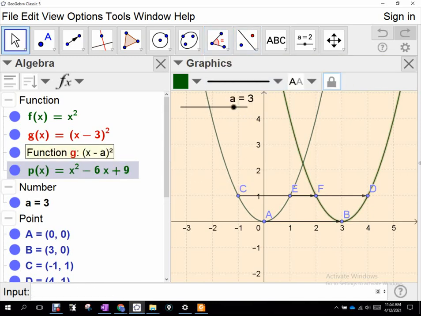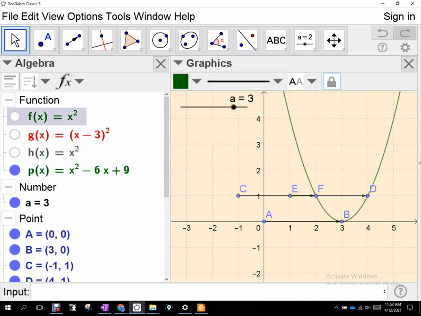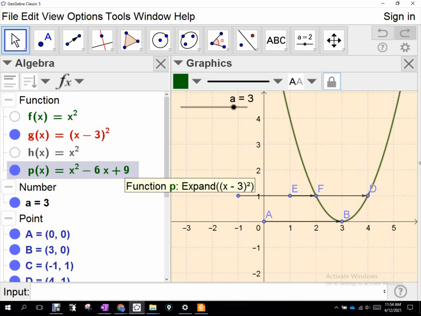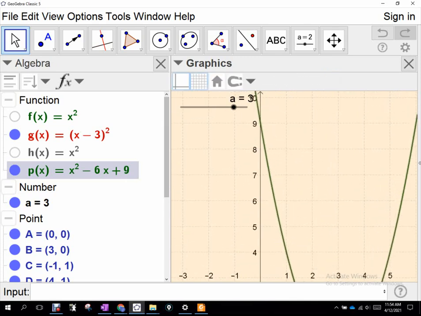Look, so that graph right there and this green one, they're the same thing, right? And what we learn about, if we understand translations well enough, and you'll spend quite a bit of time in Algebra 2 and College Algebra doing this, is that I don't really like this, because this format only tells me my y-intercept. Tells me that 9 is my y-intercept.